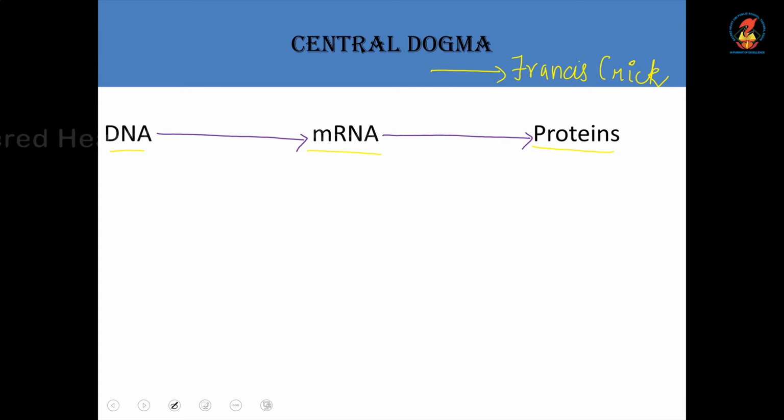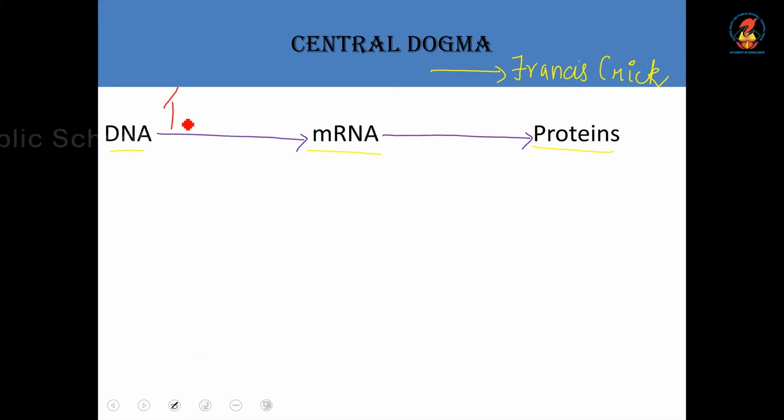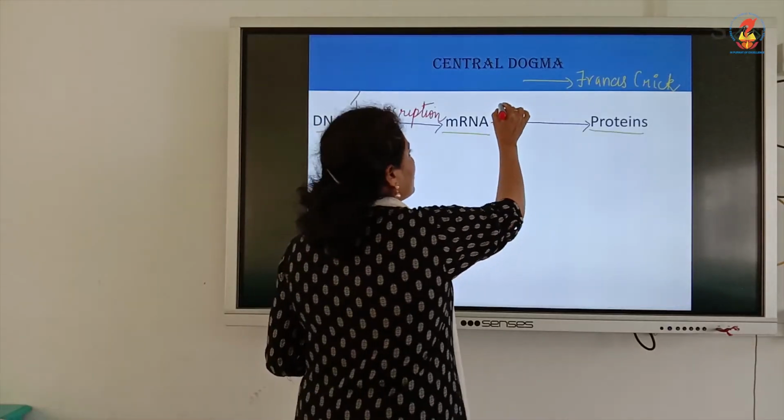The first step or the first process is called transcription. And the second phase or the second step is called translation.